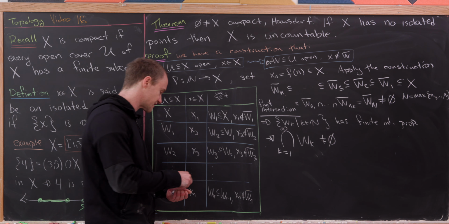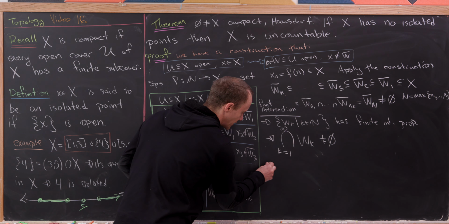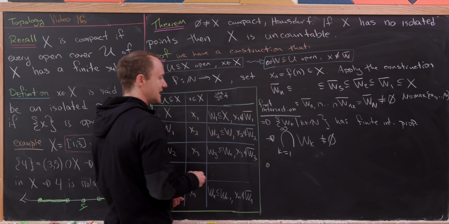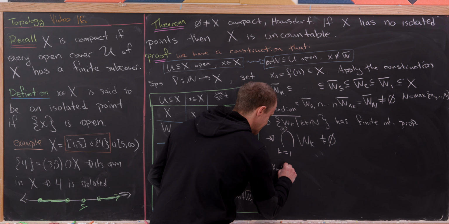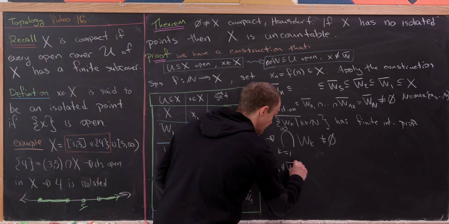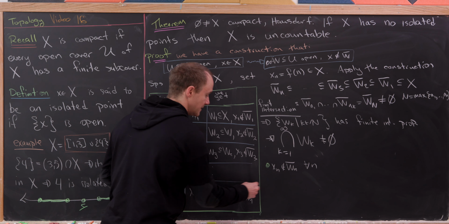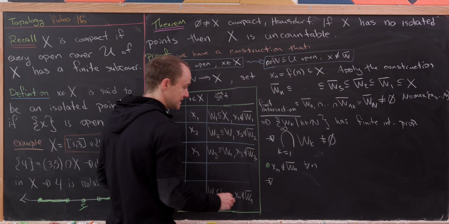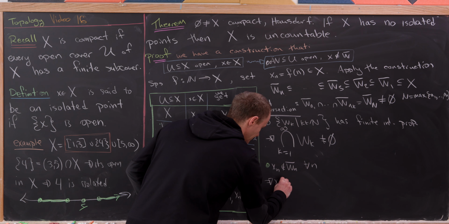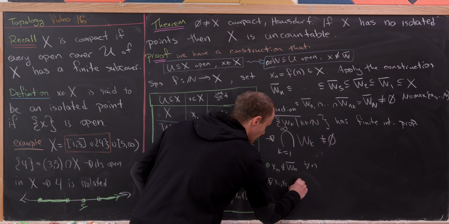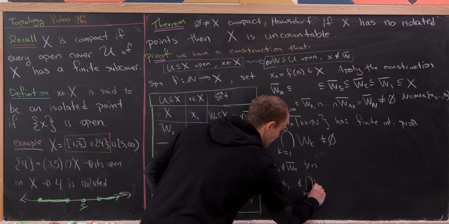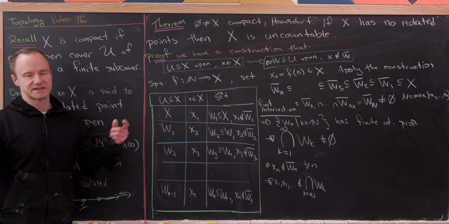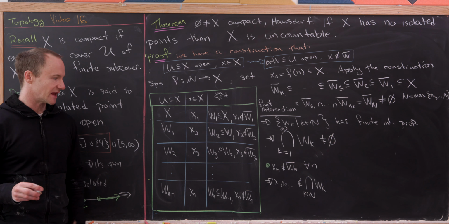Okay, now where can we go from there? Two things are true, and these two things are really important here. And that is that x_n is not inside of W_n bar for all n. But that means that x_1, x_2, and so on and so forth are not elements of this intersection because they're not in the set that is related to their index.